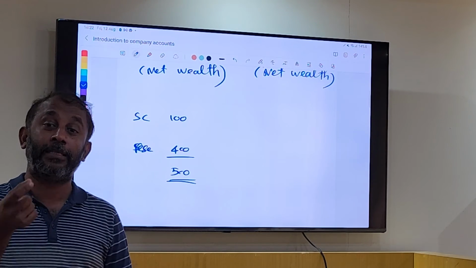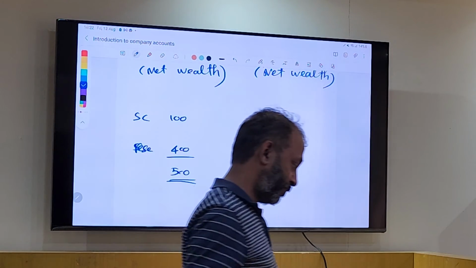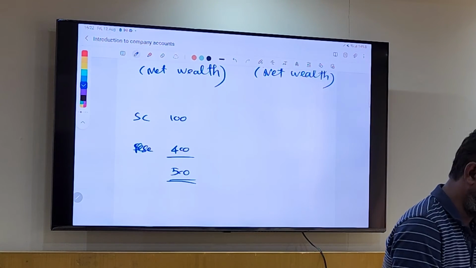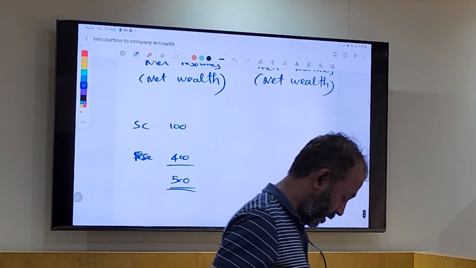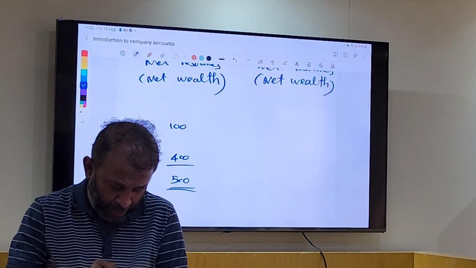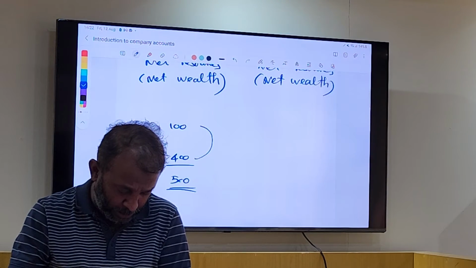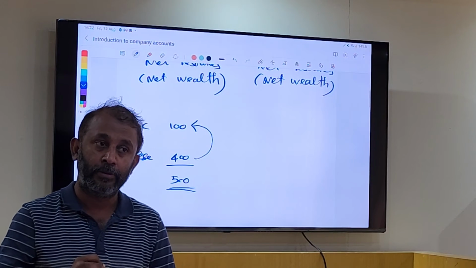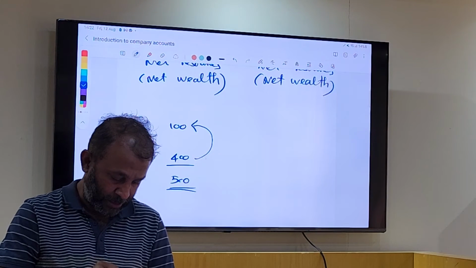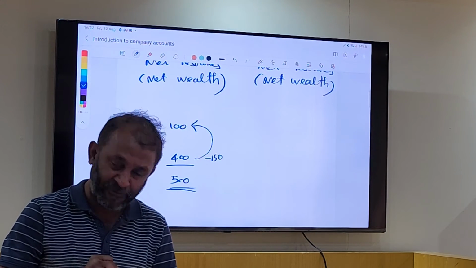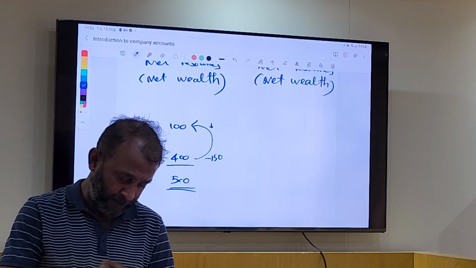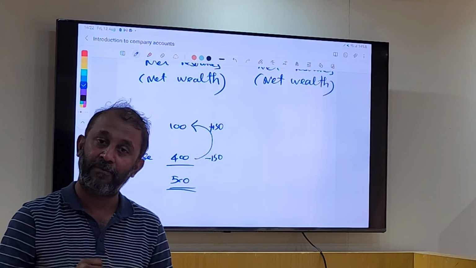So one strategy the company follows is, they will transfer some of the reserves to share capital. Let's say they are removing 150 and giving 150.